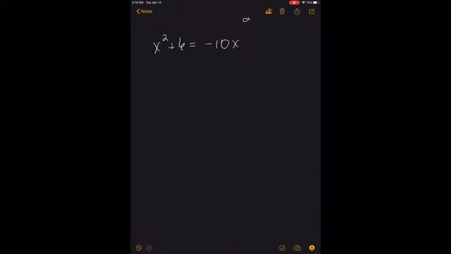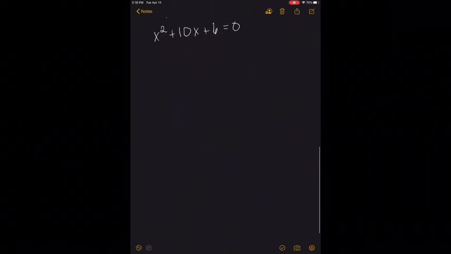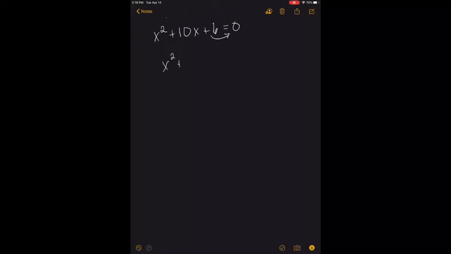So I have this example, x squared plus 6 equals negative 10x. All right, what we have to do is bring that negative 10x over, so let's add 10x to both sides. And we have x squared plus 10x plus 6 equals 0. Okay, at this point we need to move our constant over.